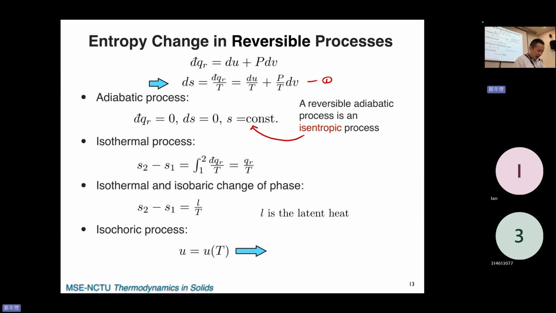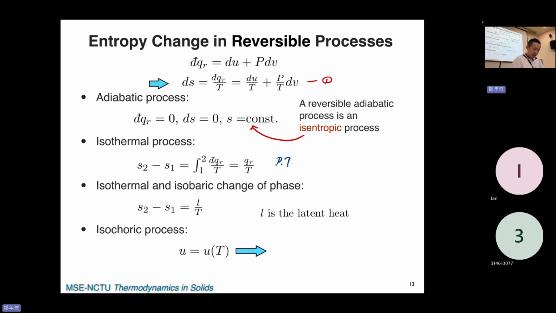If this is an isothermal process, there's no temperature change, so you can just directly substitute whatever the temperature is. Your temperature is always fixed. So easy, you just do the integration and get S2 minus S1 equal to the integration, because everything is fixed. Okay, so nothing much.